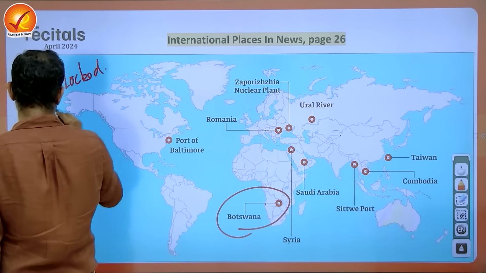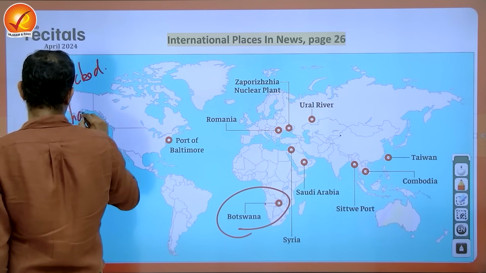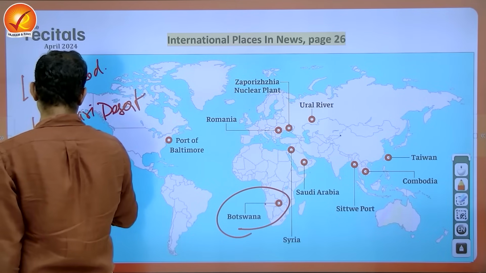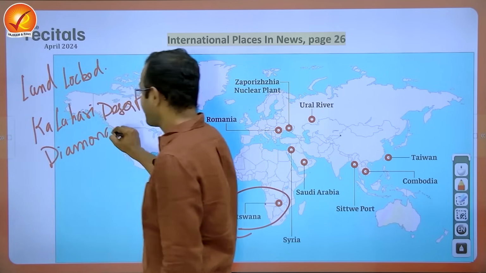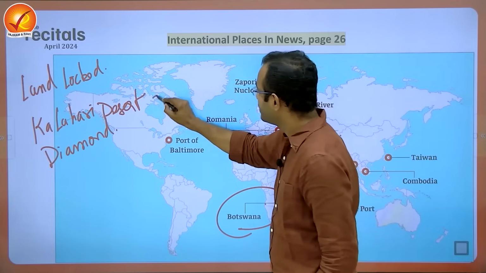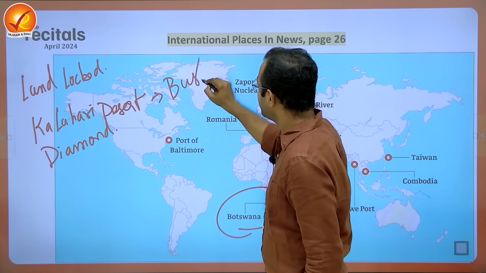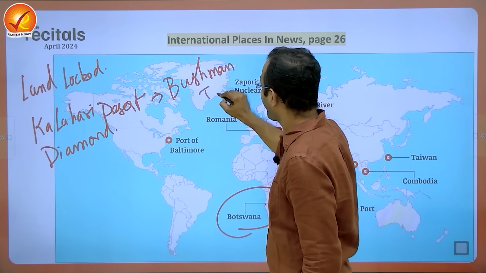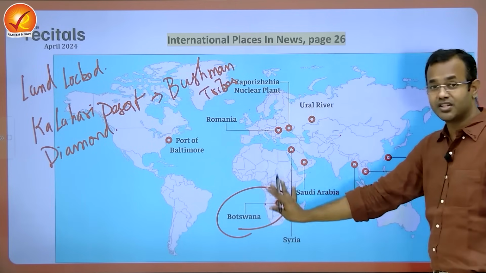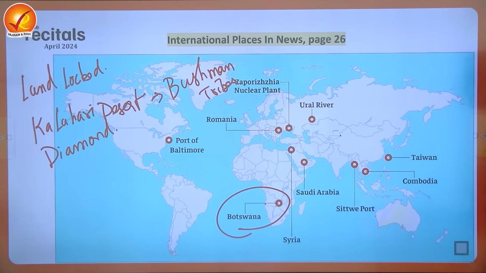The major geographical feature includes the Kalahari Desert, home to the Bushman tribe. 70% of the Kalahari Desert falls within Botswana. The major economic activity is diamonds.